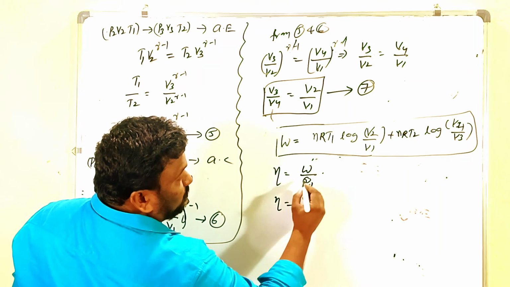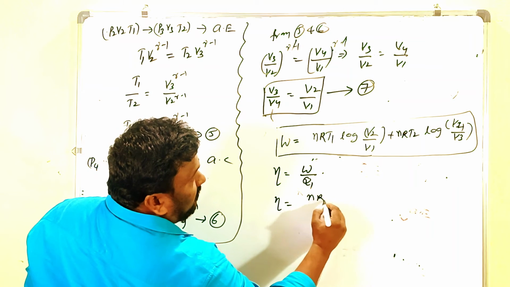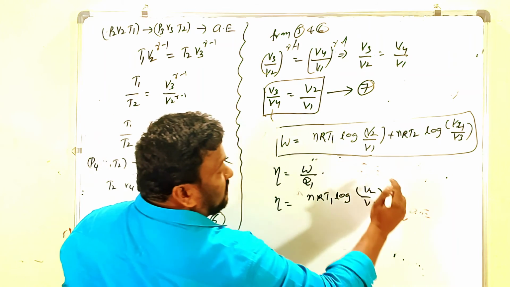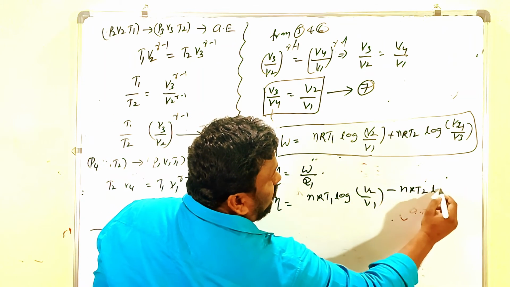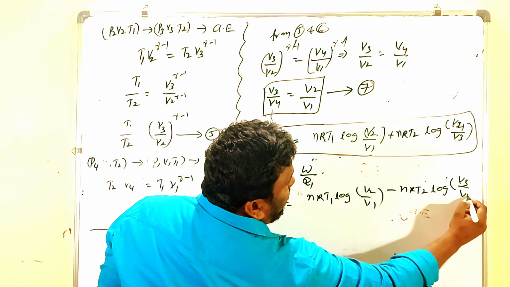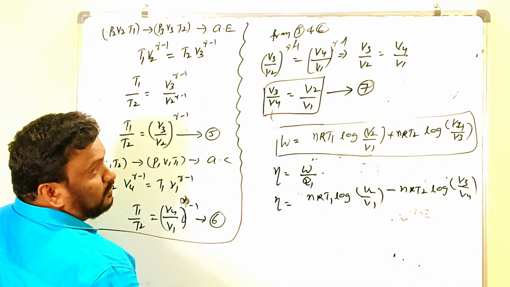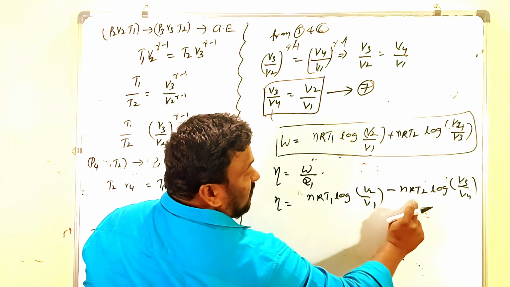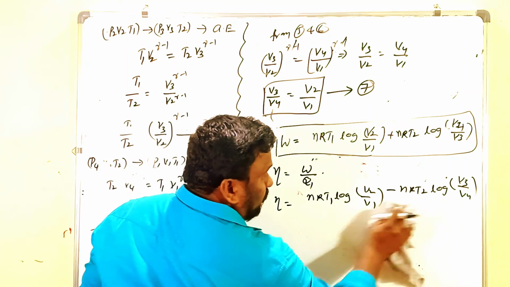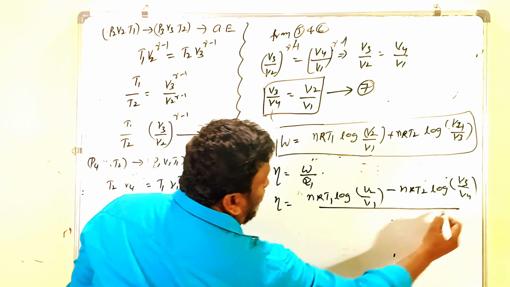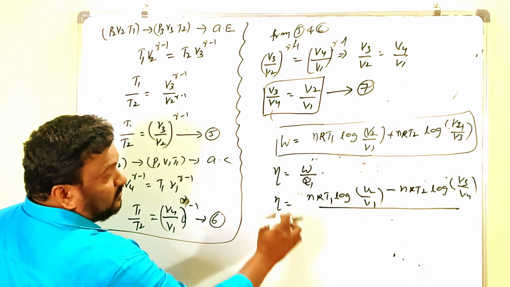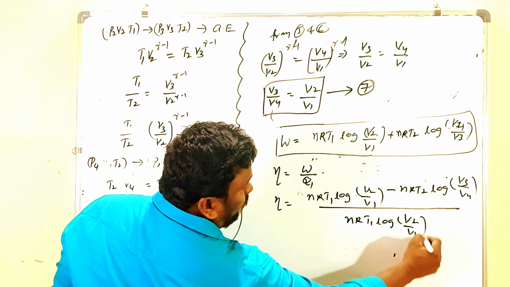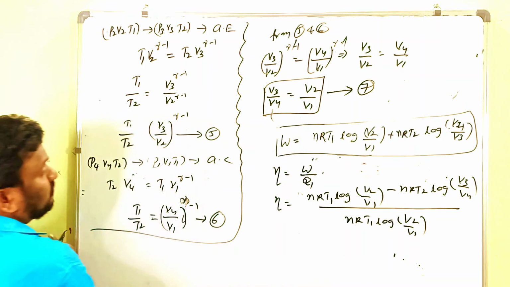Here eta is equal to W, meaning nRT1 log of V2 by V1, and this should be written, children, as nRT2 log of V3 by V4. Clear? So nRT2 log V4 by V3 can be written as minus nRT2 log of V3 by V4, by, as already discussed, Q1. What is Q1? This one: nRT1 log of V2 by V1.